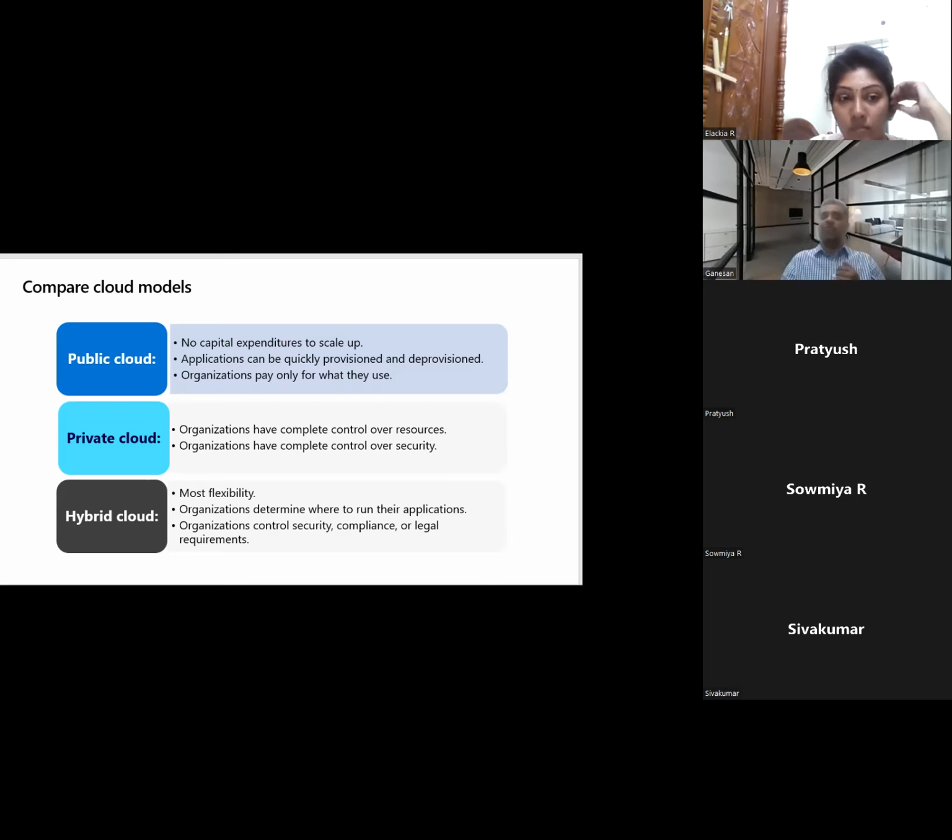Then I need an upfront cost, but the organization has complete control over security. Hybrid cloud offers the most flexibility. The organization determines where to run each application, and controls the security, compliance, or legal requirements. This is the difference.